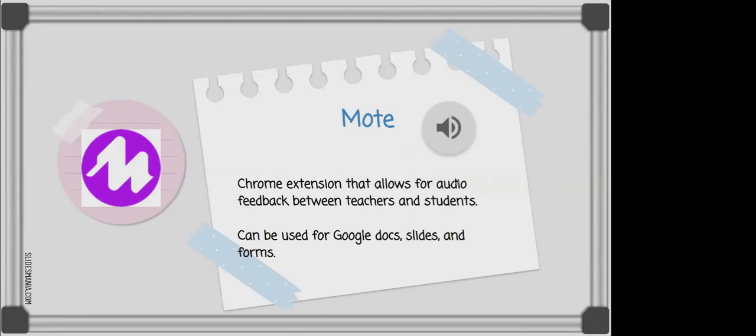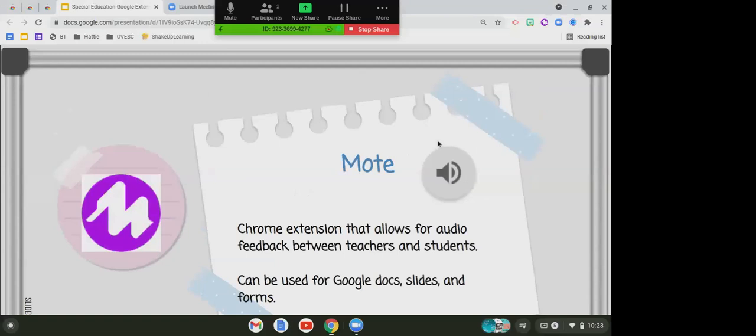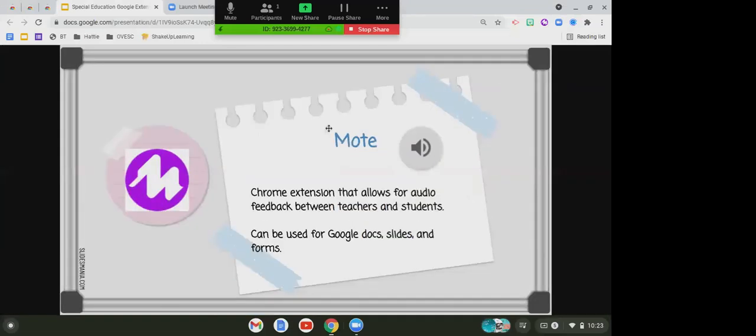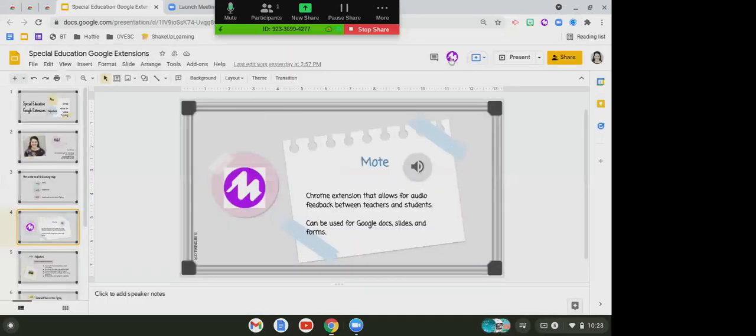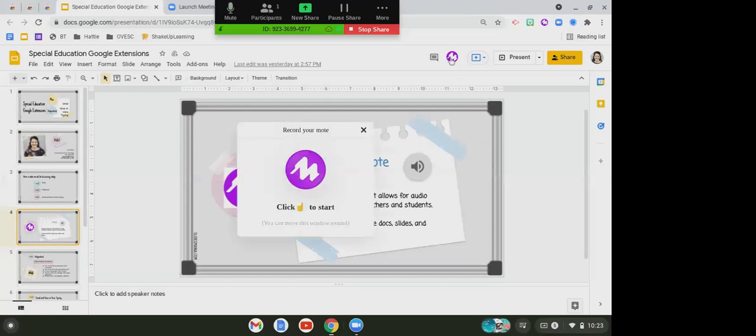If we look at my slide presentation here, we see right up at the top we can click on the purple Mote button. Then when we click to start, we can record our Mote, and then we can move it anywhere that we want in our document. So it's very user friendly, very easy to do, very easy to make comments for your students.